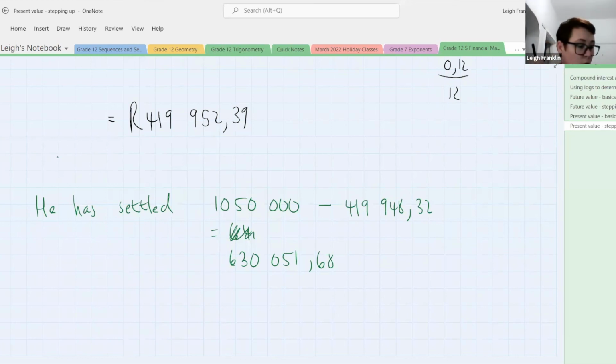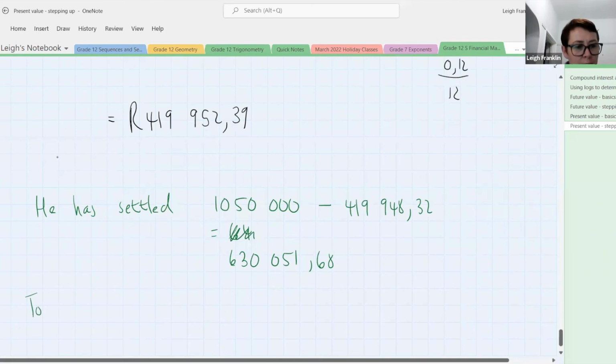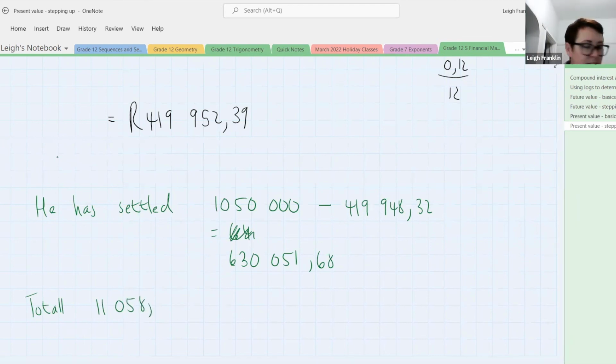All right. Now let's work out how much money he's paid in total, right? Because remember, the total he has been paying off is 11,058 rand and 85 cents a month, okay? And he has paid that for 12 months a year for 21 years, right?